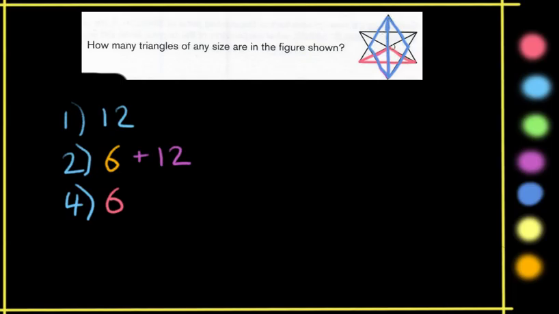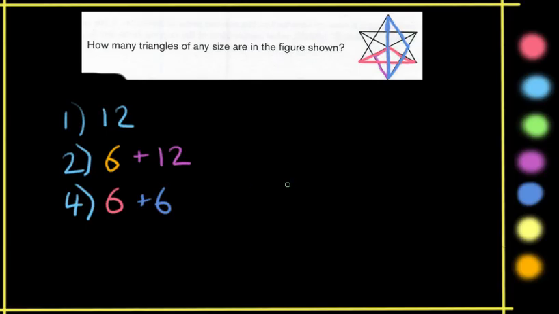And then there's another diamond shape with another 2 triangles over here, and yet another one over here. So altogether, 3 of those diamonds each have 2 triangles like this, so that's going to give me another 6.